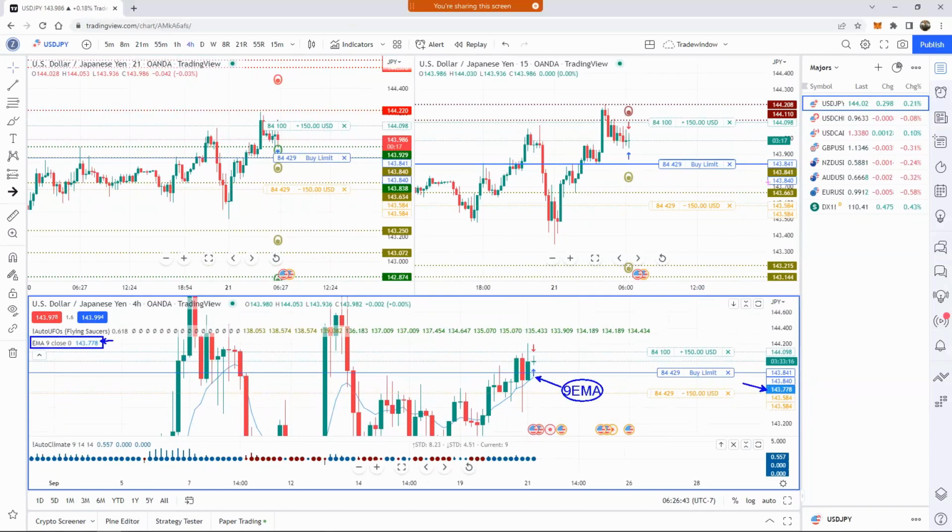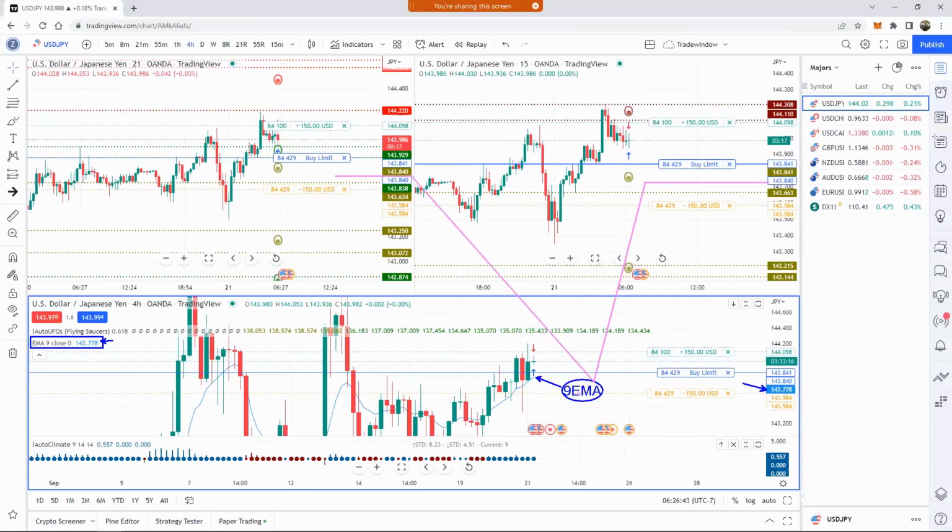So 778 is around here somewhere, right? So as price approaches, it's also actually enveloped in this one here, right? This is where the current price of the EMA would be. So therefore, we have 2 overlapping UFOs.